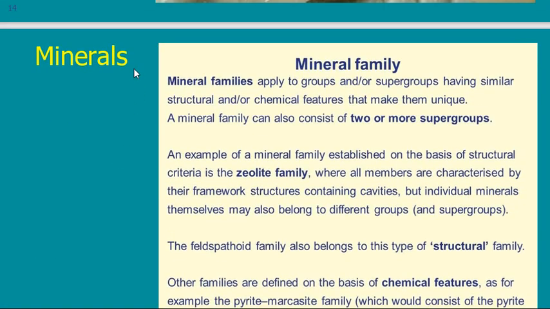I said before that there is something called mineral family. Mineral family helps me to differentiate between different types of rock. They have something in common. If I have a few rocks that have some property in common, I can say that this is the family of this property.